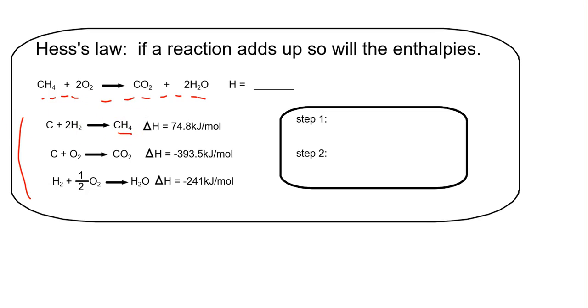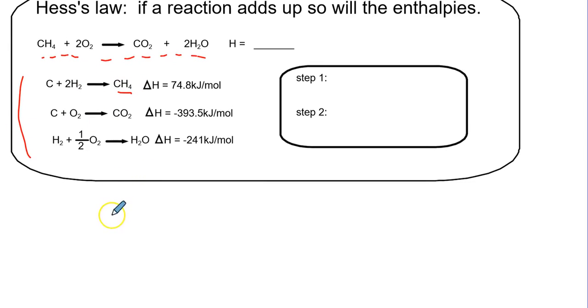We've talked about in the past that if you have to flip a reaction, then the sign of your delta H flips. Energy in equals energy out. So this flips. First we check to see if we need to flip anything.